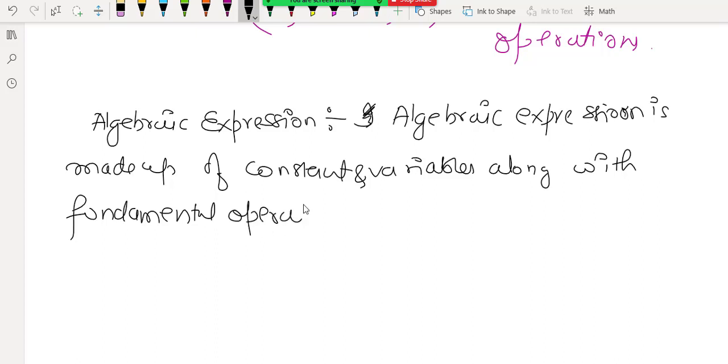Fundamental operations, or we can also say algebraic operations.